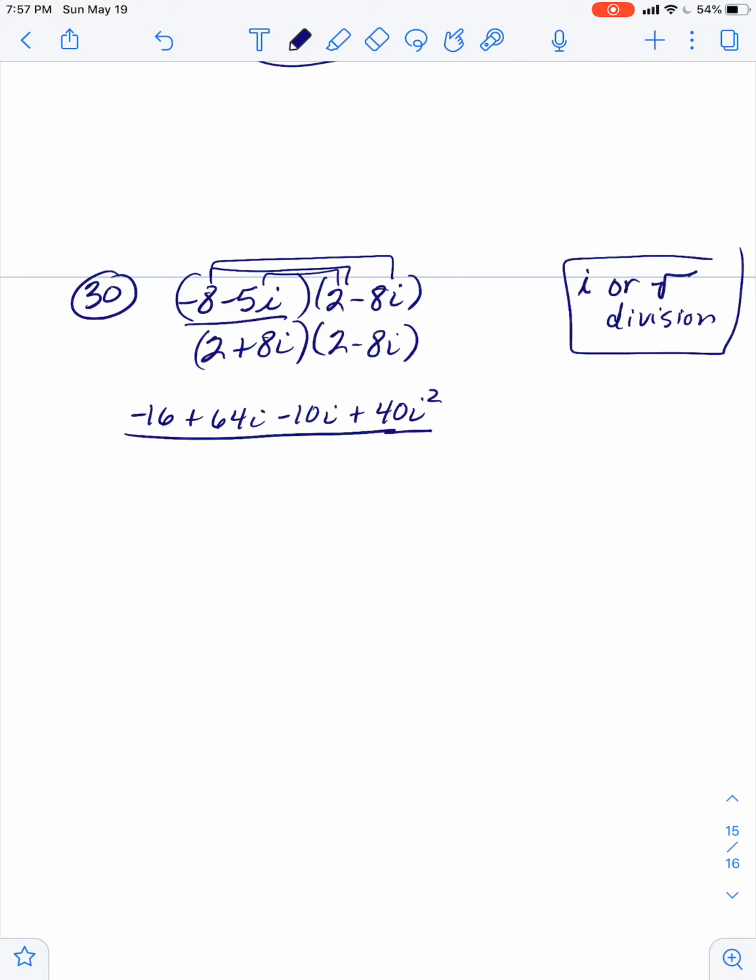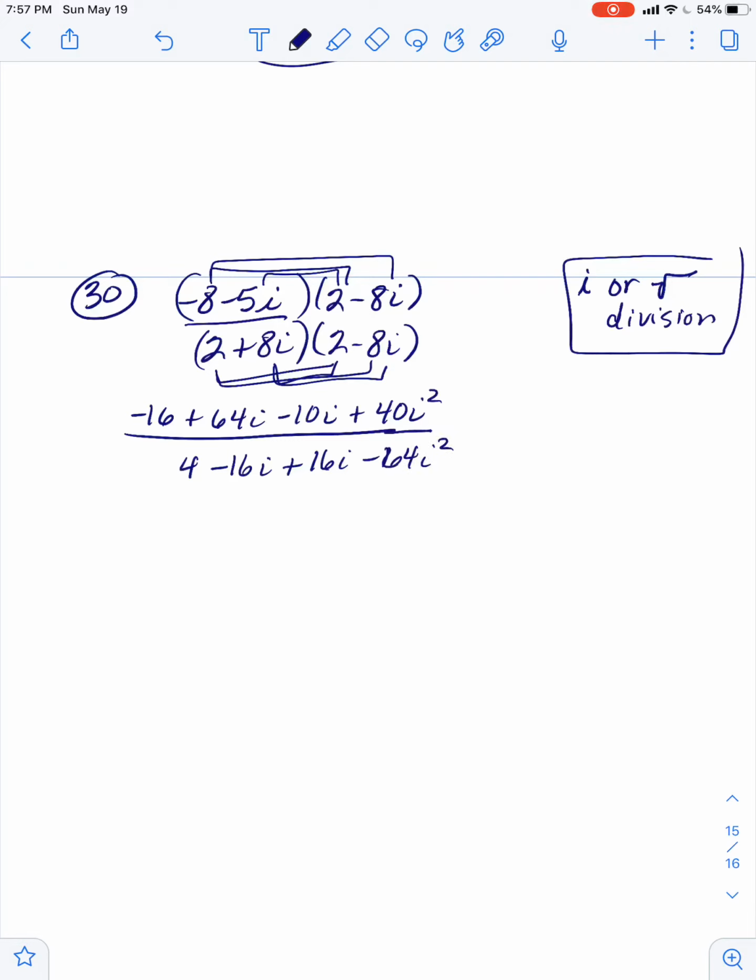Okay, now you see that this one doesn't cancel out because these are not conjugates. Okay, it's only the denominator that are the conjugates. Next one, so in the denominator, I'm going to go ahead and FOIL that. So first, outside, inside, and the last.